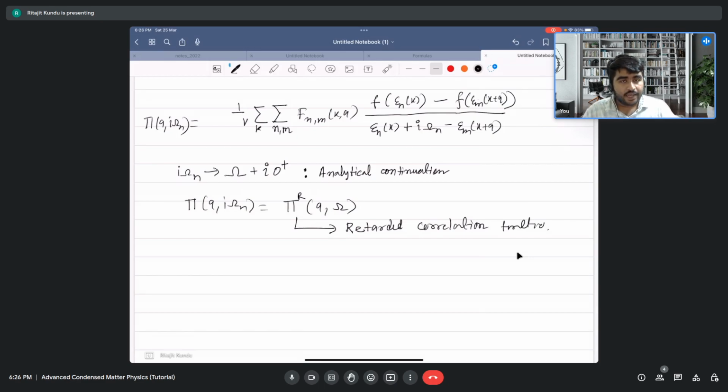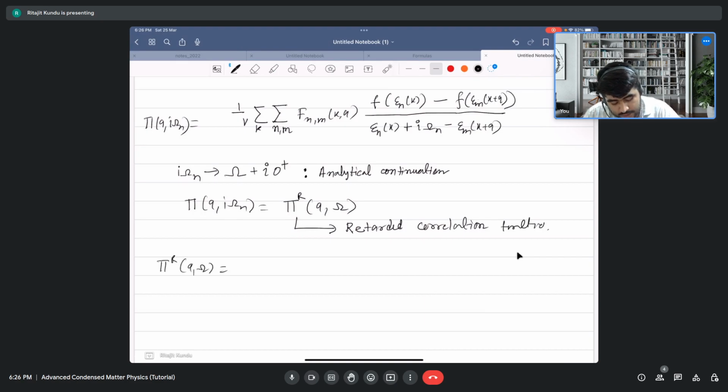So at the end of the day, from this imaginary time representation, we can go to this real time expression. So let's convert it to a retarded function.